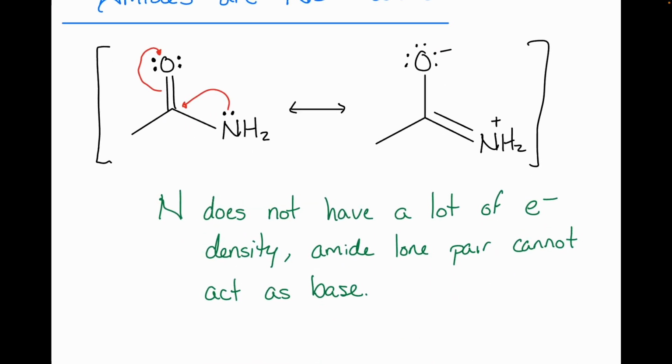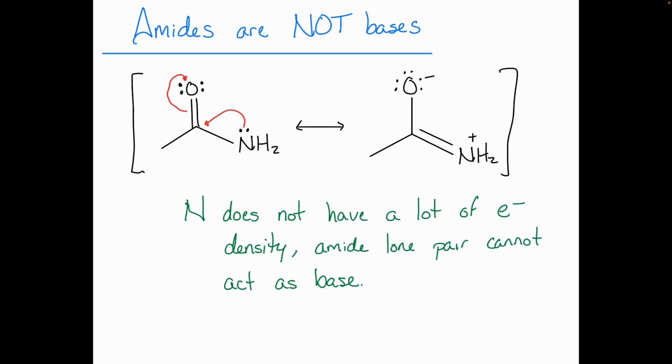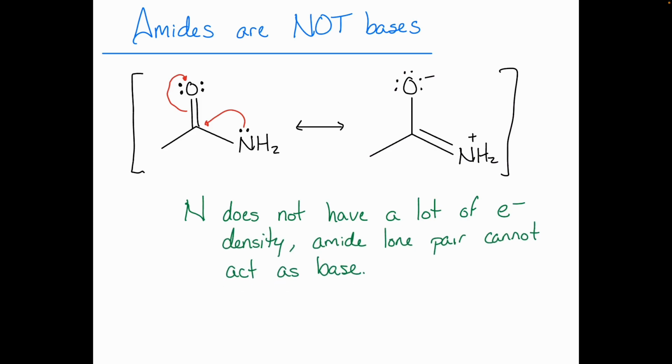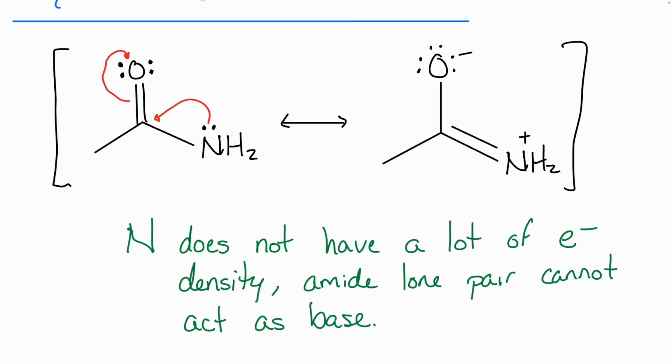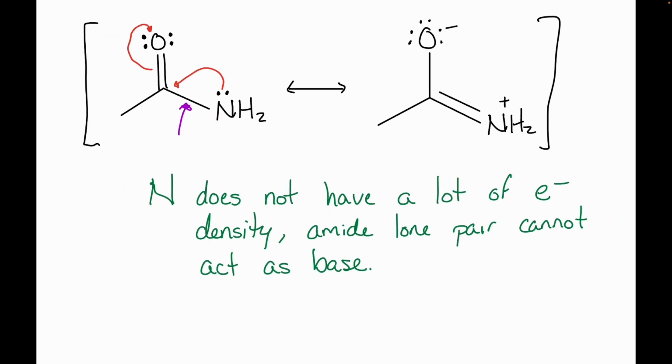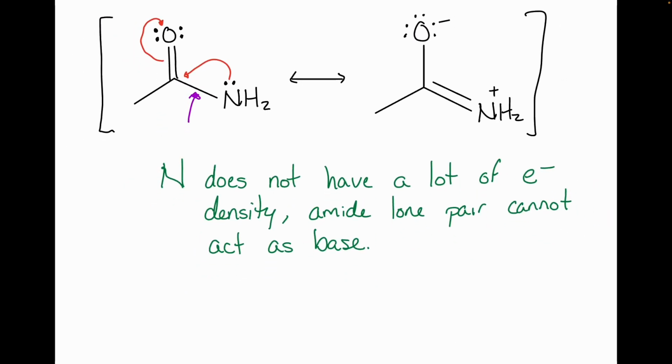The other consequence of these resonance contributors has to do with this nitrogen carbonyl bond in our amide. We can see in our other resonance contributor, it's a double bond. And remember, a big difference between double and single bonds: you cannot rotate about a double bond.